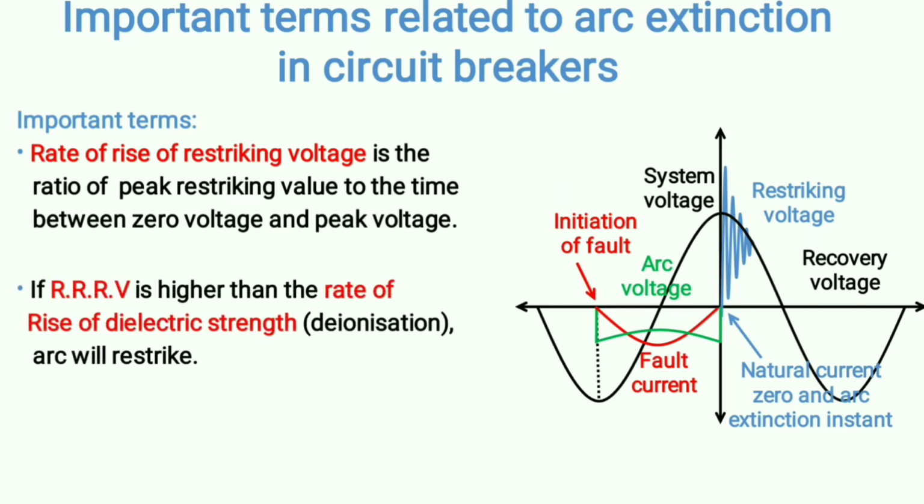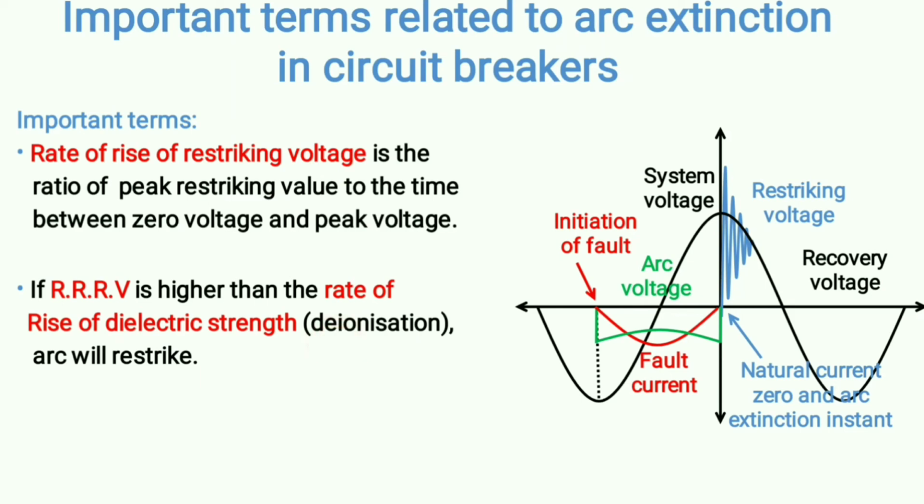So now this is a very important point. If your RRRV, that means rate of rise of restriking voltage, is higher than the rate of rise of dielectric strength, that means deionization, the arc will restrike. Okay, so if your RRRV is higher than your rate of rise of dielectric strength, obviously the arc will restrike.